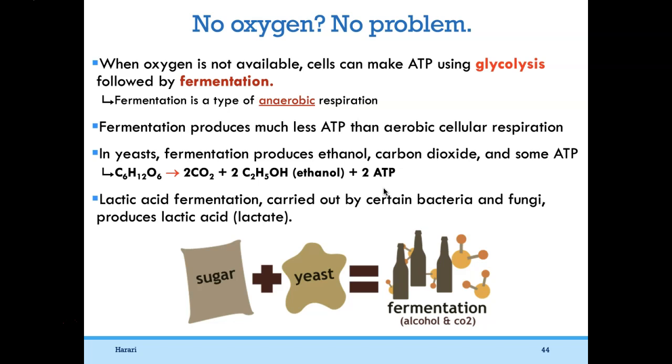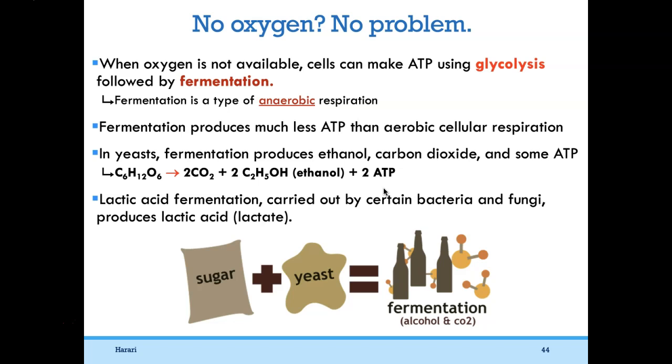Lactic acid fermentation is carried out by certain bacteria and fungi, and instead of producing ethanol, we produce lactic acid. You might be familiar with the muscle burn that happens after strenuous exercise. That's because your muscle cells have used up all of their oxygen, so they can't do aerobic respiration anymore, right?